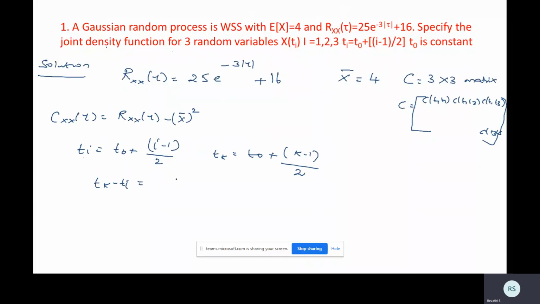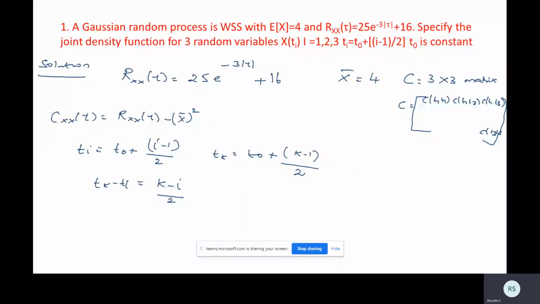If you separate Ti from Tk, T naught and T naught get cancelled and you are left with only (k minus i) by 2.